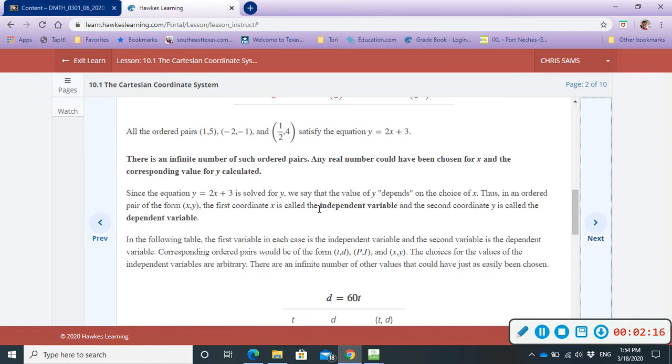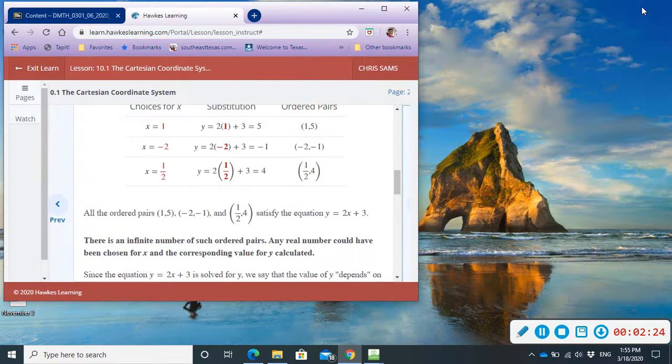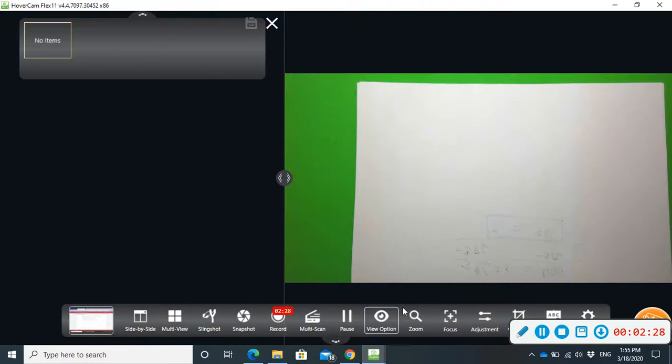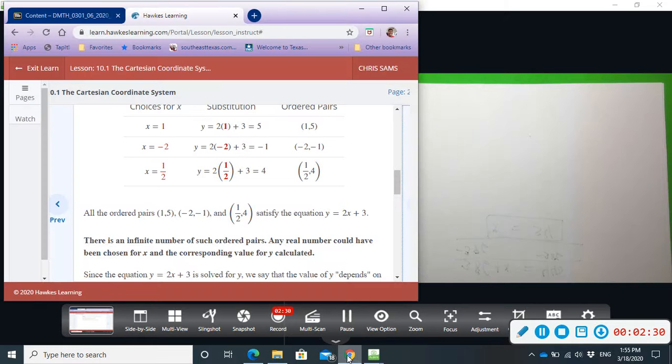Also, x is called the independent variable and y is called the dependent variable. There is another set of names that we use to identify x and y. So I'll list those here for you. I was given this illustration a little while ago.